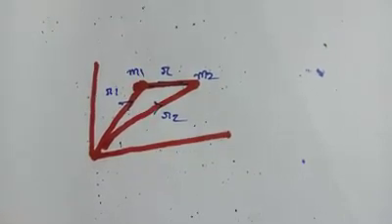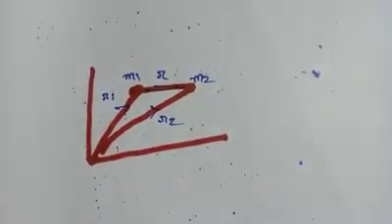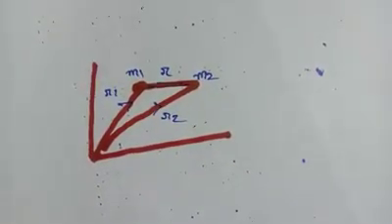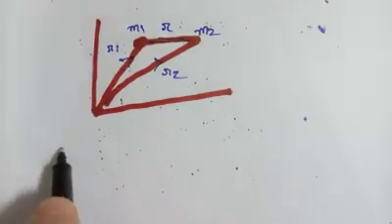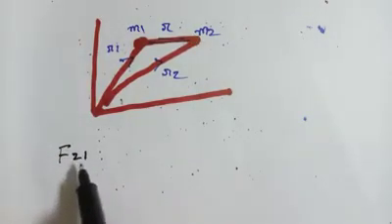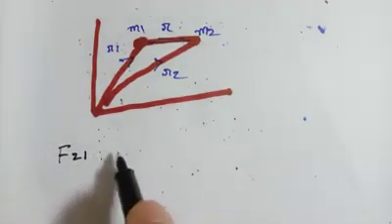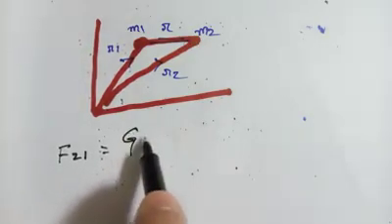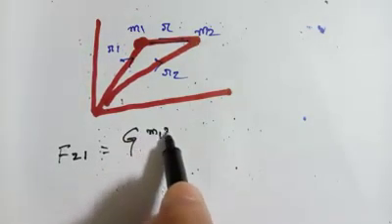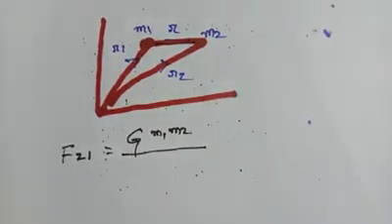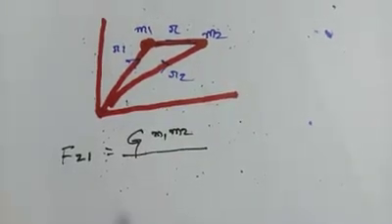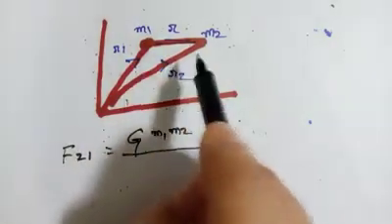So now what we can do is that we can just represent this in simple form. So we just go by the same convention. We get it as F21, which we already know, force on 2 pulled by 1, equals G m1 m2 whole divided by, now what we need to know is that the lower part would be the distance.